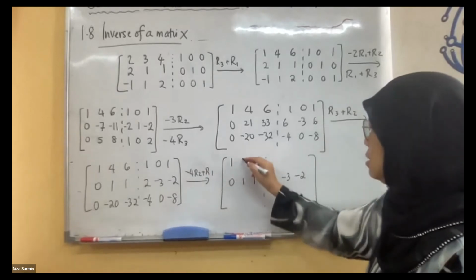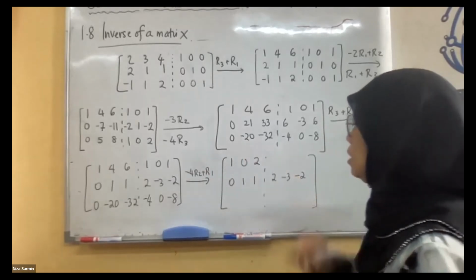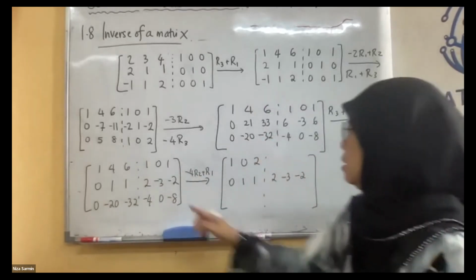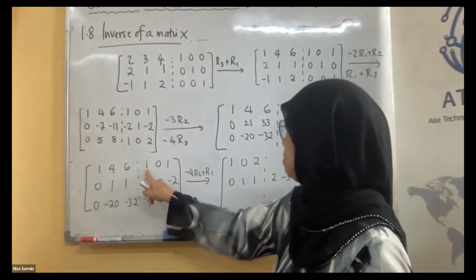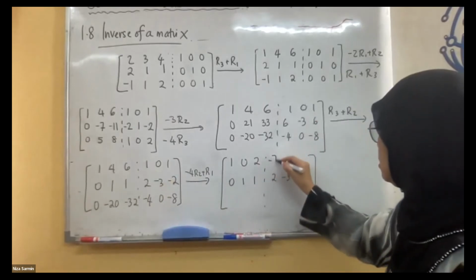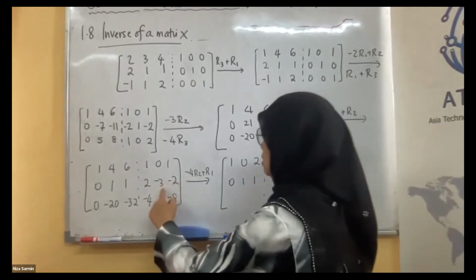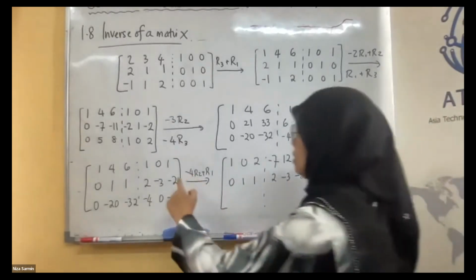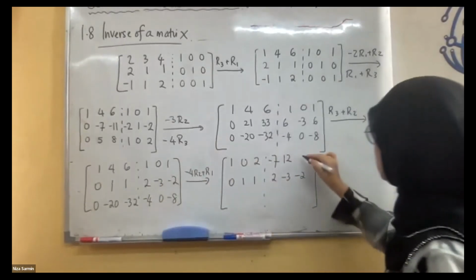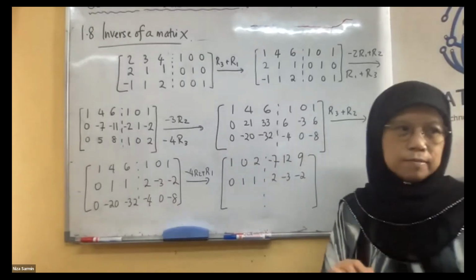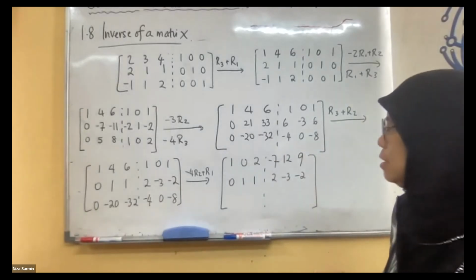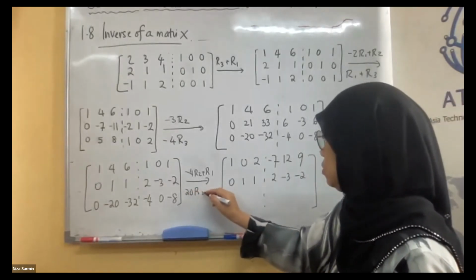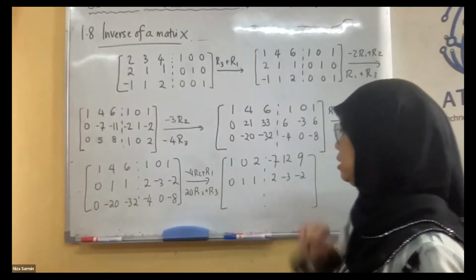Get 1, 0, 2. Negative 8 plus 1. 12 plus 1. 8 plus 1.